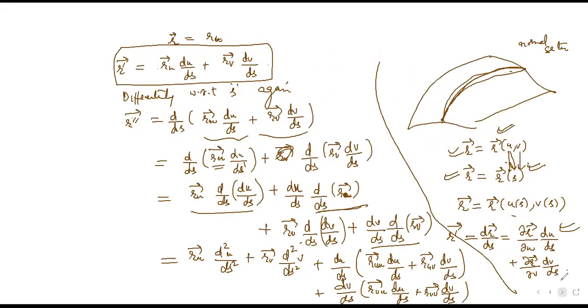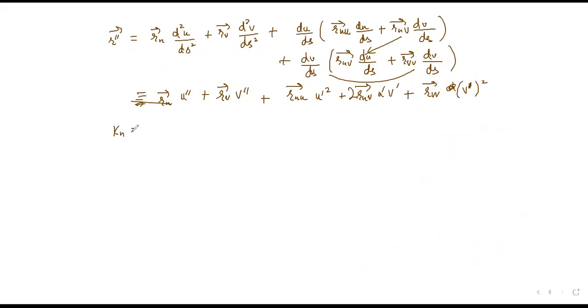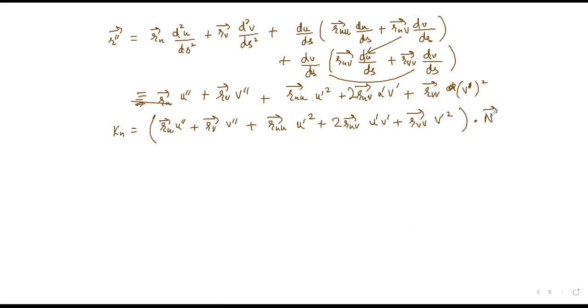So you should have kn is equal to ये सारा कुछ, r sub u double dash plus r sub v double dash plus r sub uu u dash square plus twice r sub uv u dash v dash plus r sub vv v dash square, whole dot product with the unit normal.